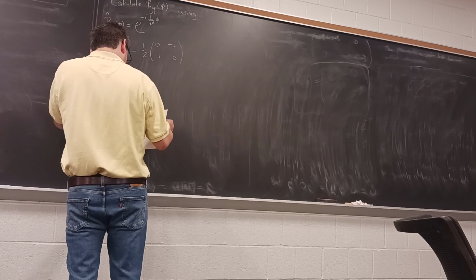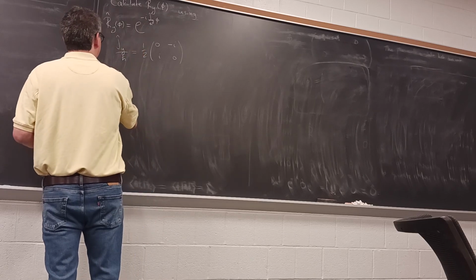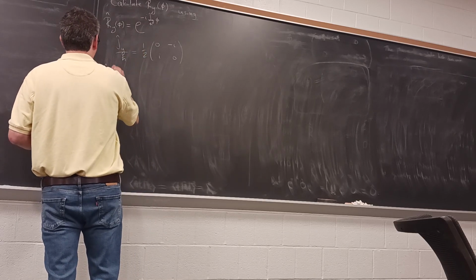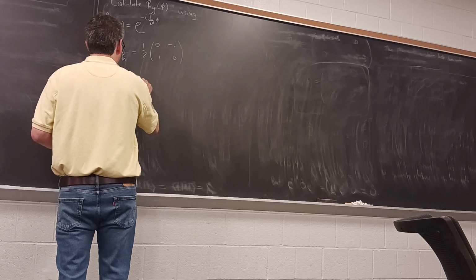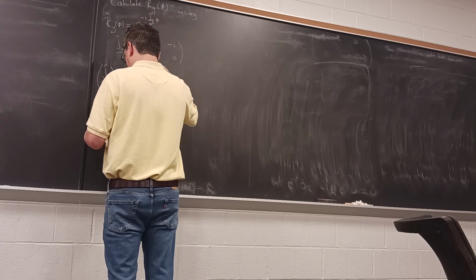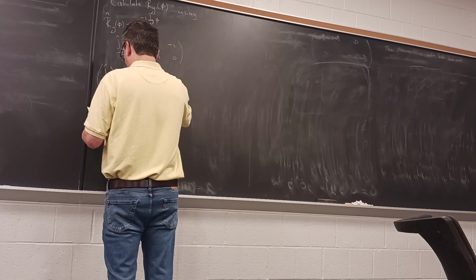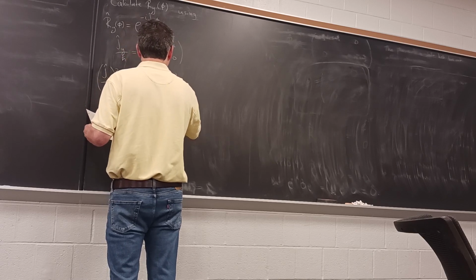Let's see here. So J y hat over h bar squared would then be 1/4 times the matrix 1, 0, 0, 1.